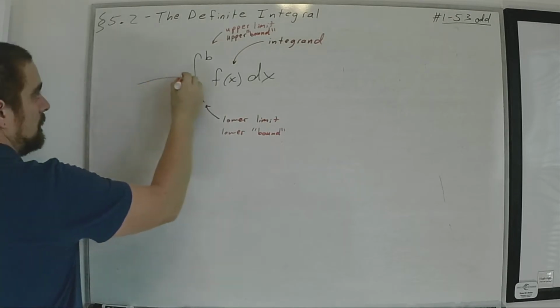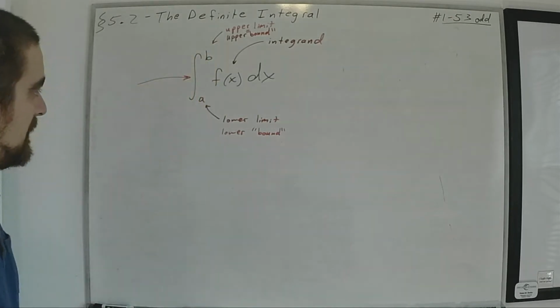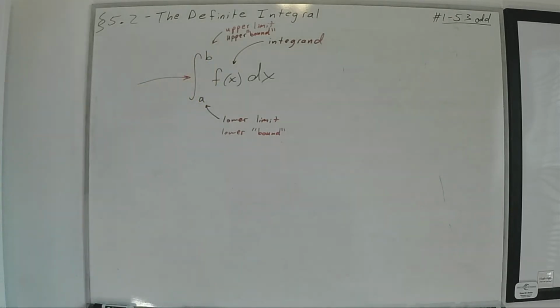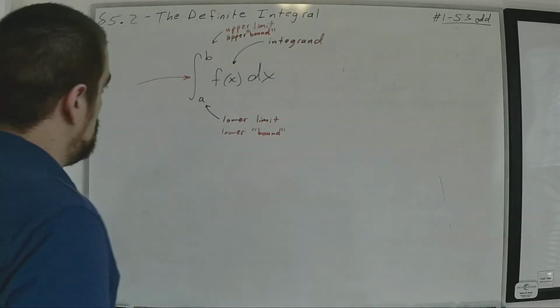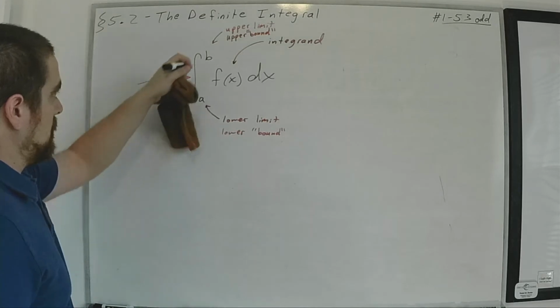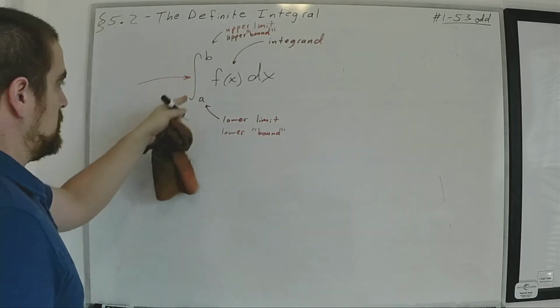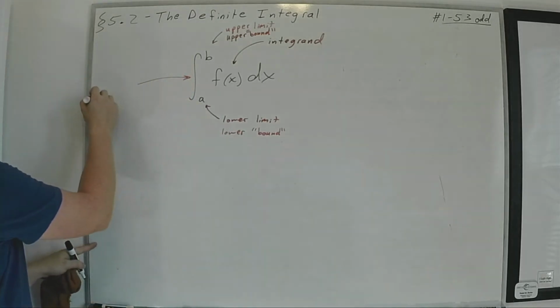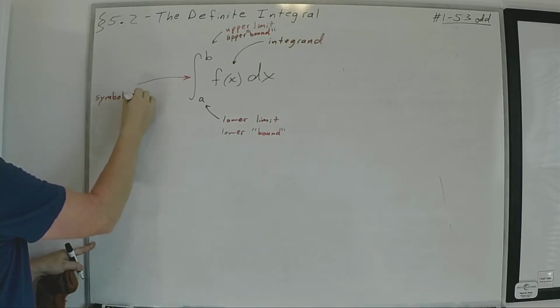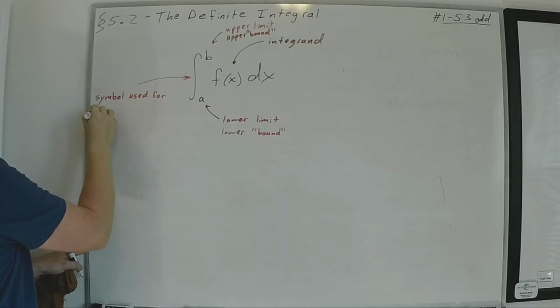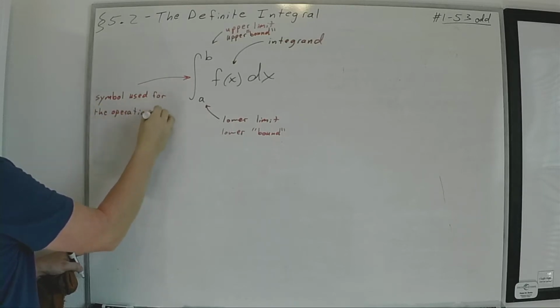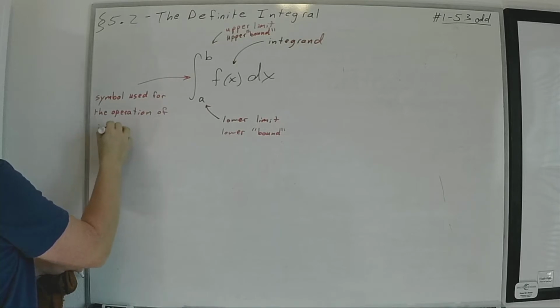This looks like a little string of spaghetti here. This is what we use for the notation for the antiderivative. So when we integrate a function, we use this to say, hey, it is your job to integrate. So this is just the symbol used for the operation of integration.